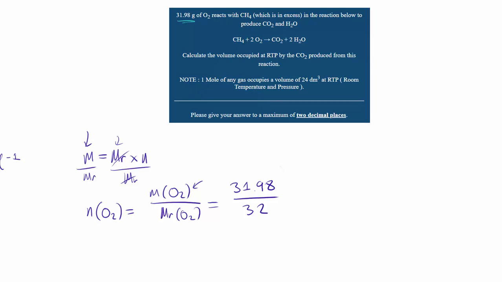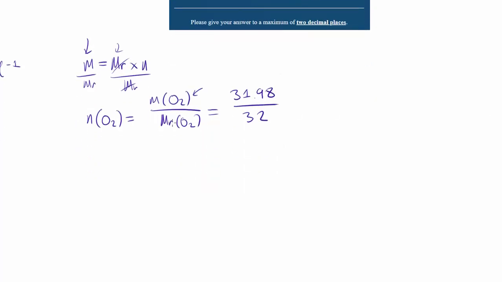I would invite you to have a go at working that out to see what value you get. If you do have a go, you should find that you get 0.999375, and that's going to be in moles.